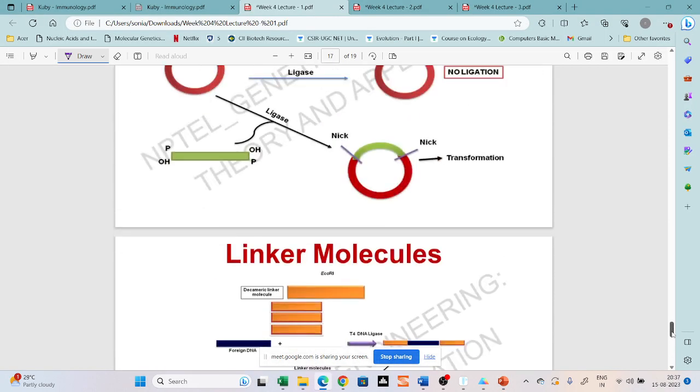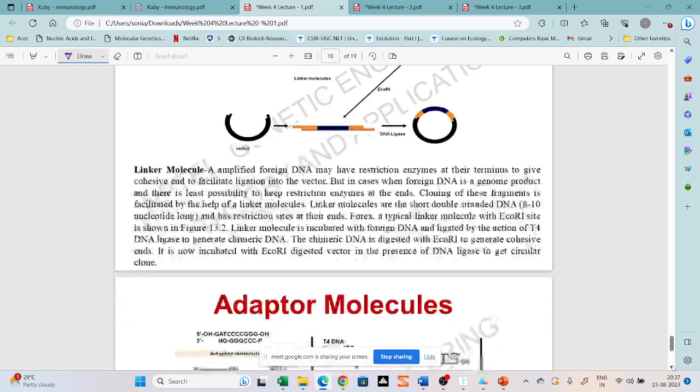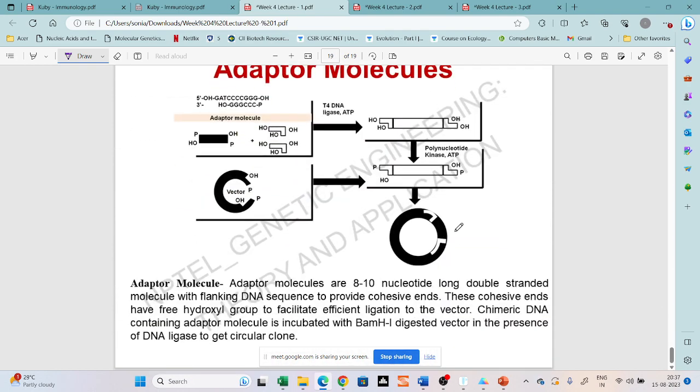Whereas linker molecules you have to first add and then digest, while adapter molecules are already digested and you just have to attach. See, this is your DNA, and these are your adapter molecules which already have sticky ends, and this is a blunt ended DNA molecule. So when you add this, then you have a vector which has sticky ends.